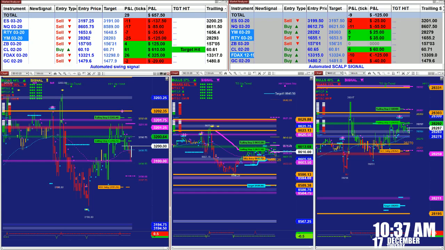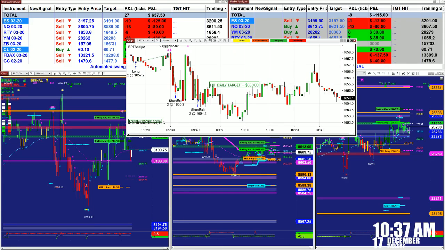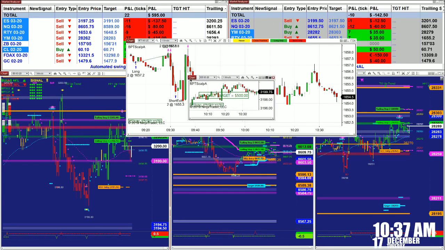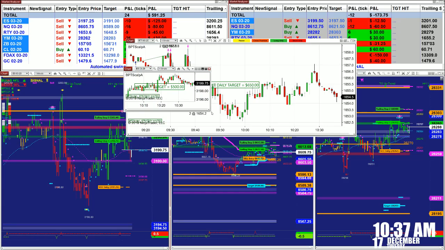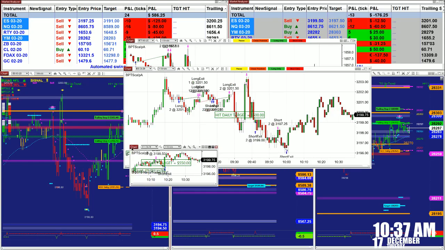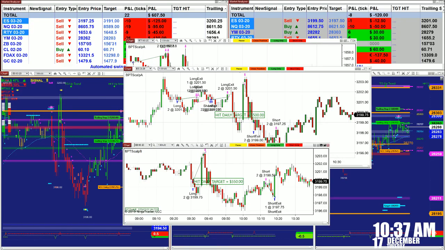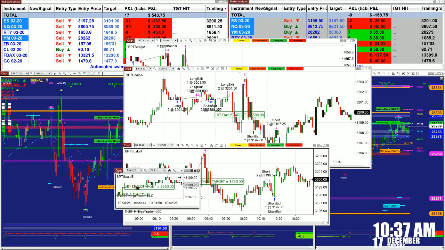Those auto trades do not require any optimization. We go a little at a time with it. Russell is done, hit the target of 500. ES hit 500. Also on ES, it hit 550, and 150 ticks.